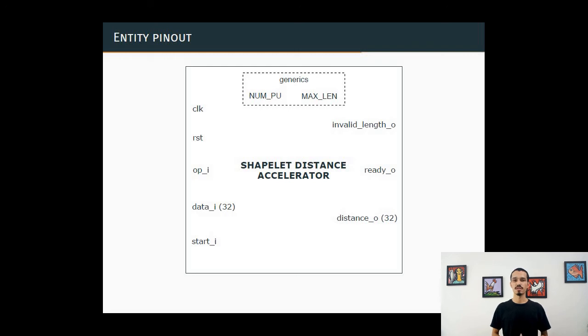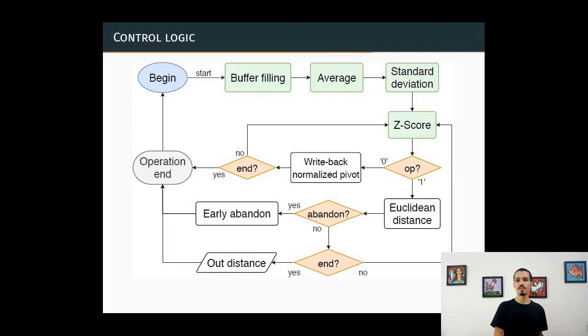Our control logic diagram shows that at operation 0, the pivot shapelet is loaded into its buffer, then it's processed until it's normalized, and then it's written back to its buffer.